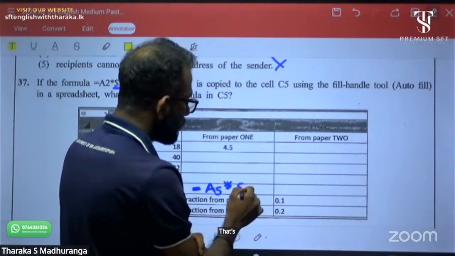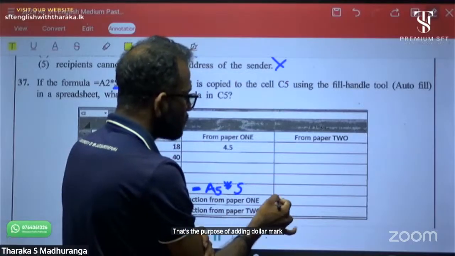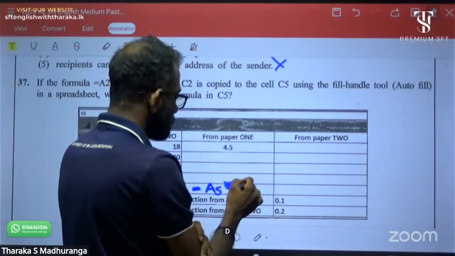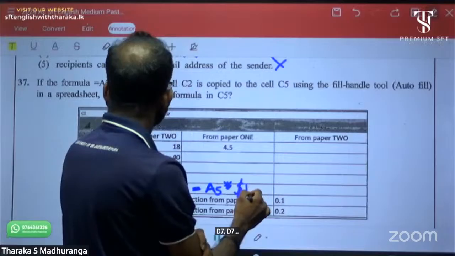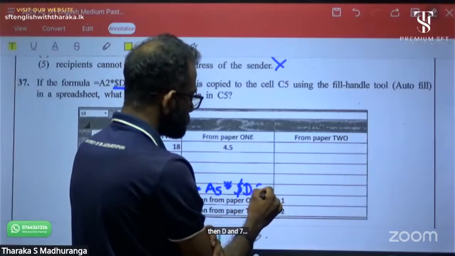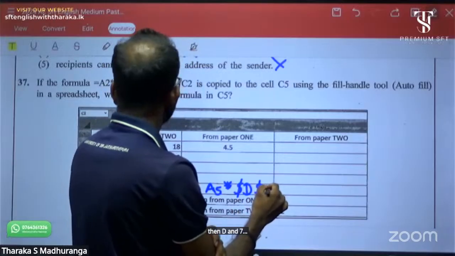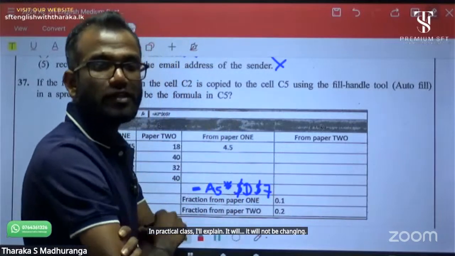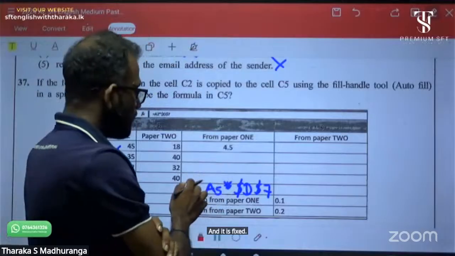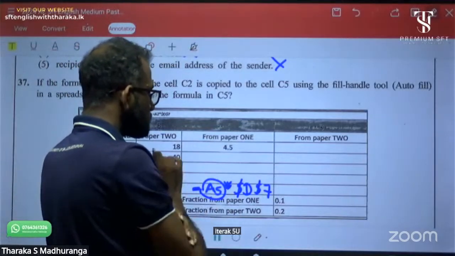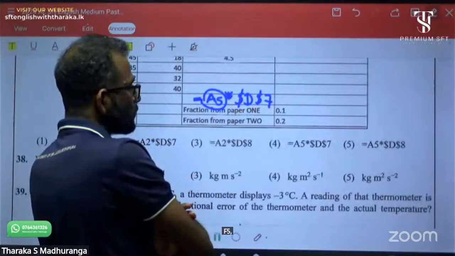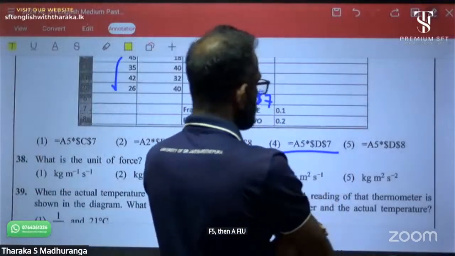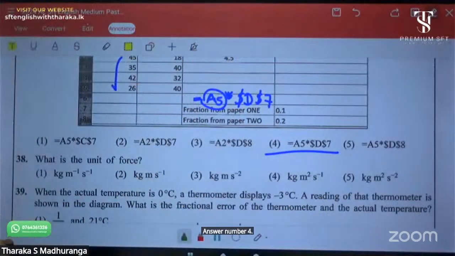In the practical class, I will explain. It will not be changing. It is fixed. Only the A changes to 5. So A5 times D7, answer number 4.